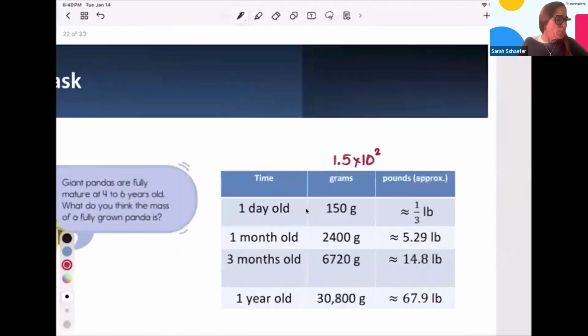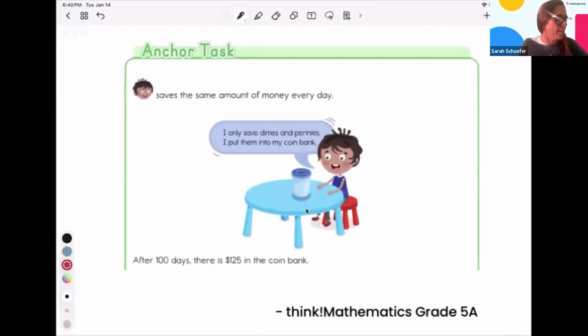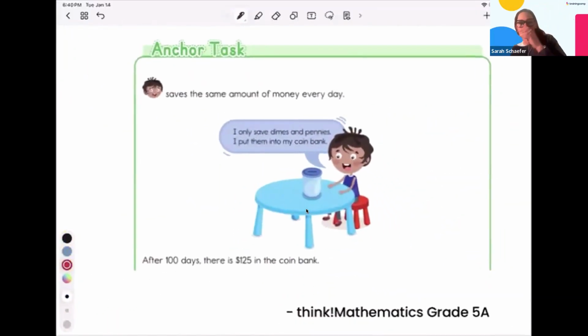All right. So another task we have here, I love, again, money problems. Take a minute and read our task. This is our friend Carlos. We have different characters that grow up with this series, so the students know Carlos.